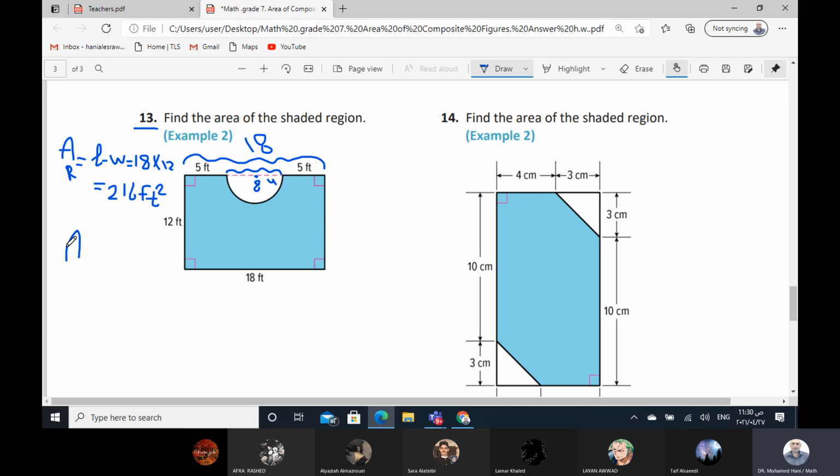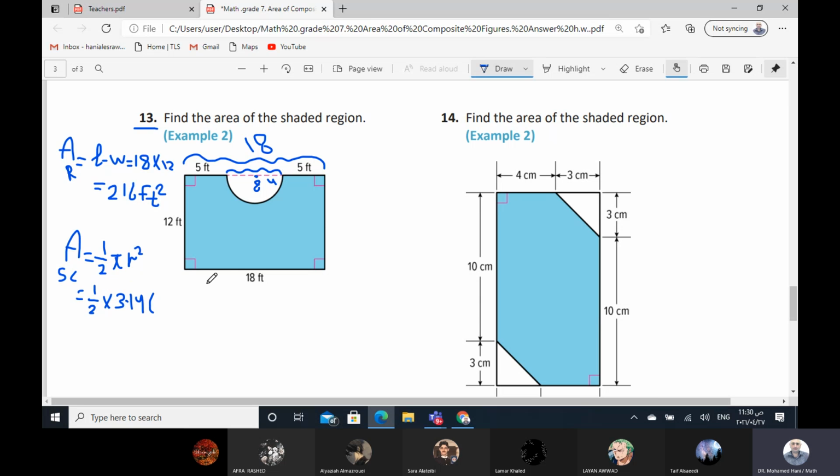Then the area of the semicircle equals 1 over 2 times pi times squared radius, means 1 over 2 times 3.14 times r squared.